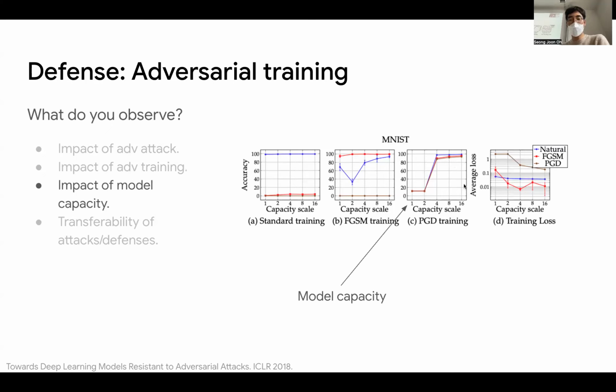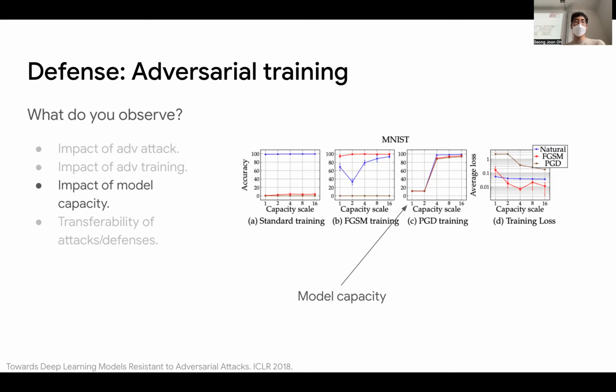Now let's take a look at the impact of model capacity, meaning how many parameters you have in your model, right? So there is a scale from 1 to 16. And we can see that the PGD attack is breaking down the system still when the capacity is small, even after adversarial training. But if the scale is large, then the adversarial training is even more effective.